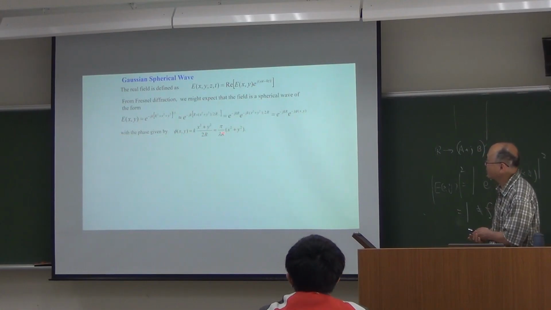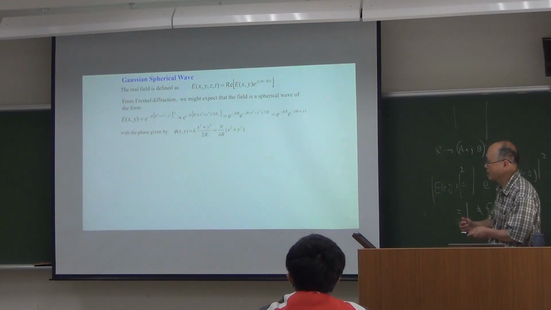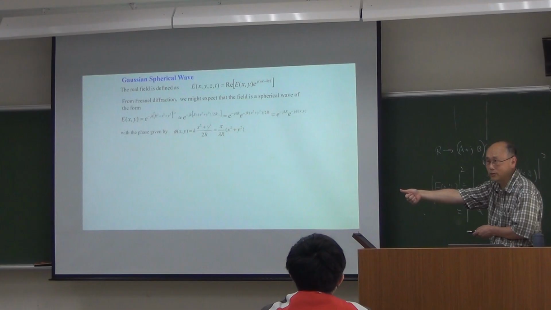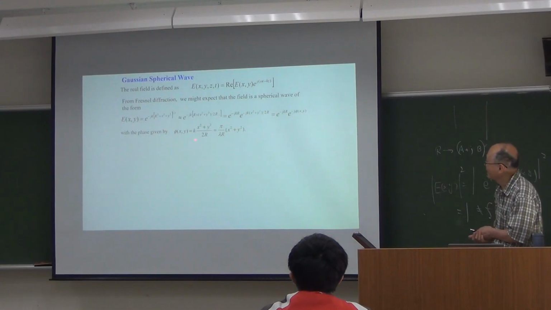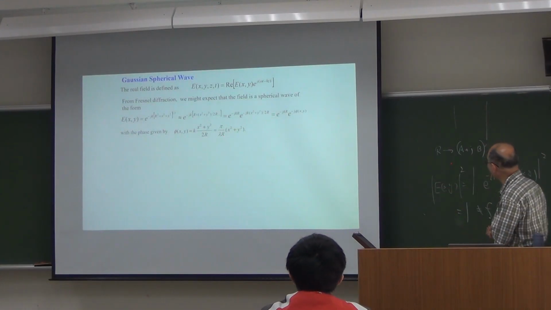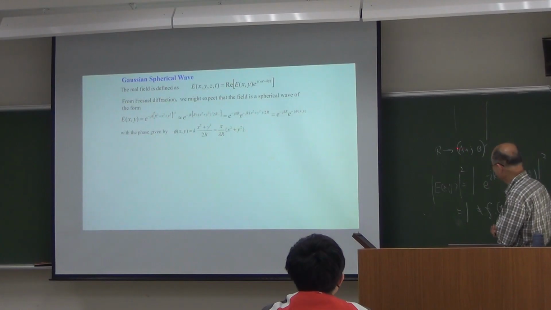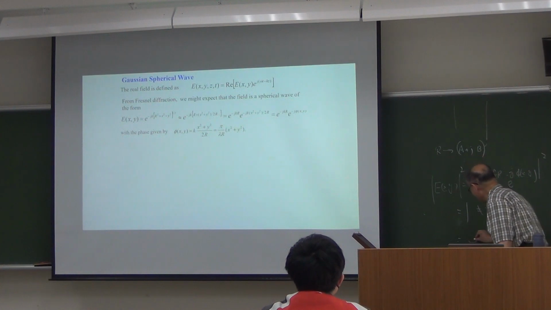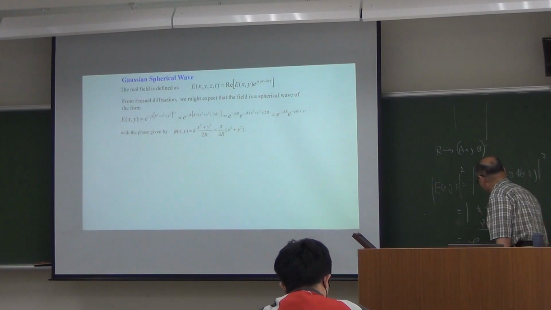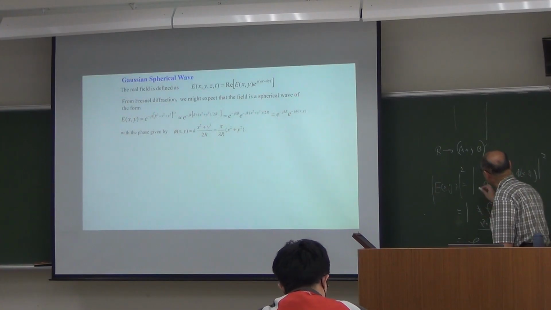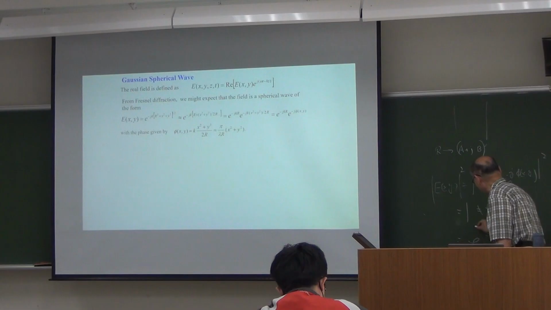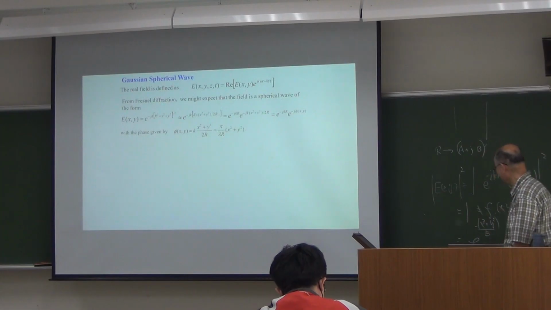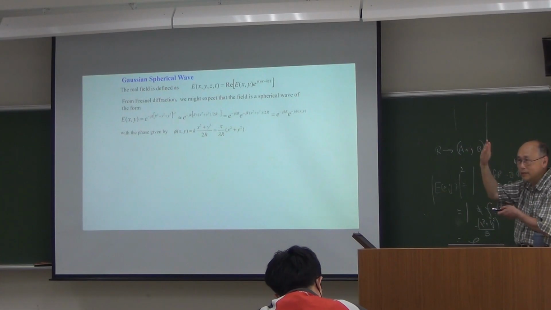R is just a constant in this calculation, right? It's the distance along the longitudinal direction. If I make R a complex number, then this calculation is going to give you an exponential, something like minus x squared plus y squared divided by b. It's going to give you a Gaussian cross-section.